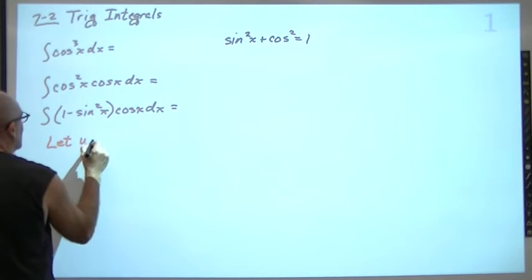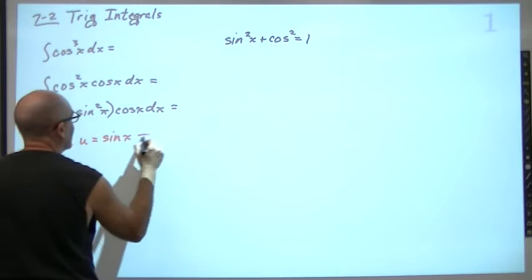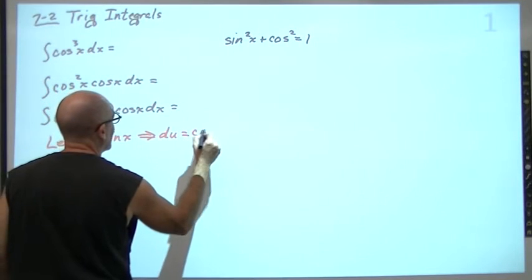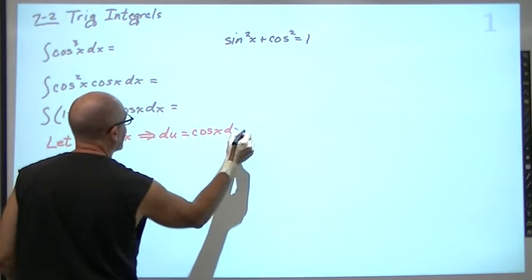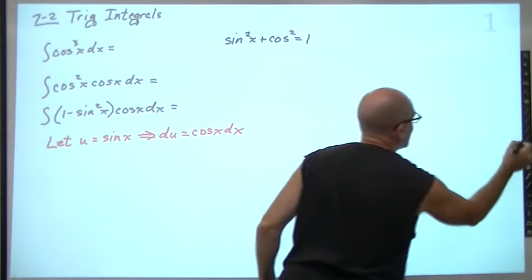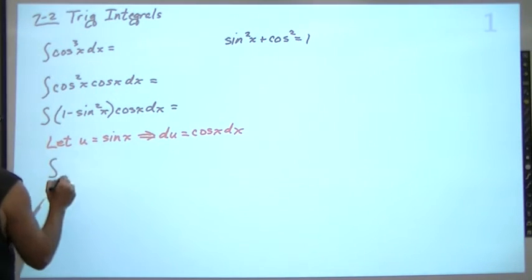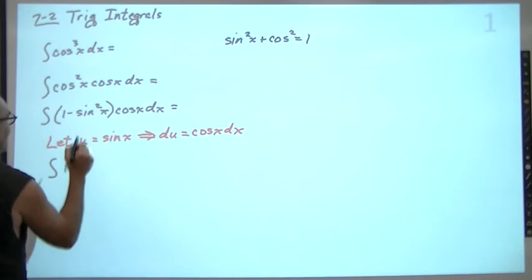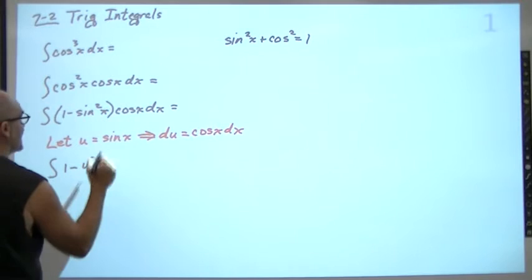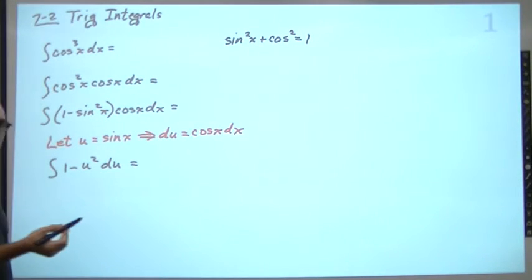So let u equal sine x. So du is cosine x dx, which is parked right in front here. So all we have to do is toss in that u substitution, and we have the integral of 1 minus u squared du. Now I'm ready for the integral.